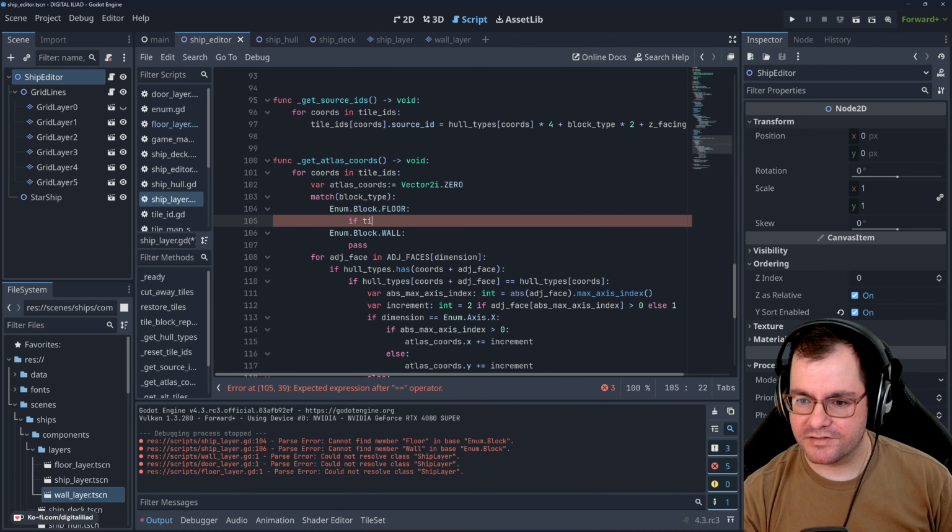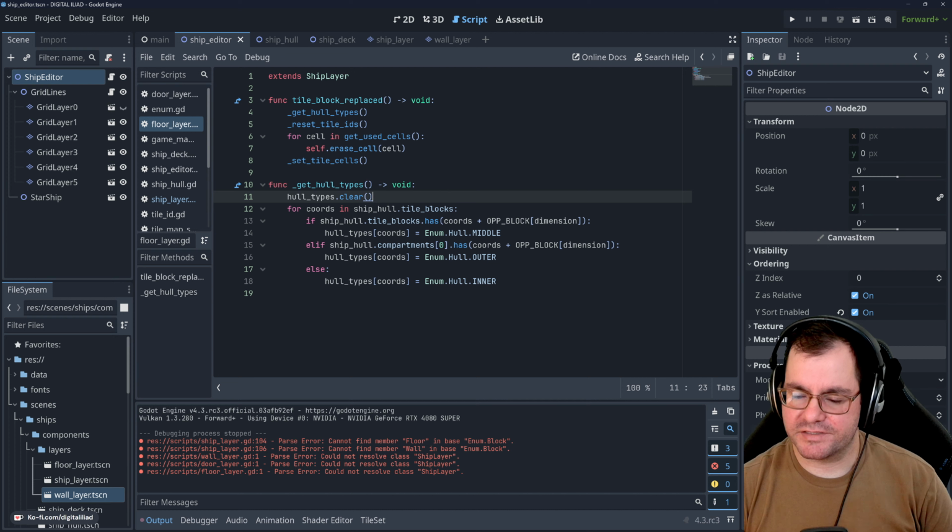So floor layer, I want to make sure we're doing this right. So get hull types for coords and ship hull tile blocks, if ship hull tile blocks has coords plus opposite block, so that's not exactly right. What are opposite blocks? Opposite blocks dimension. I see.